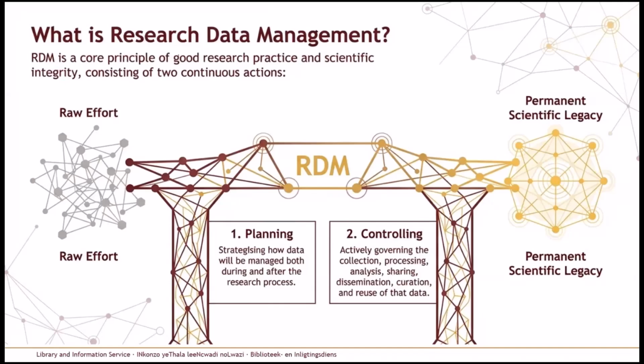So planning meaning strategizing how data will be managed both during and after the research process, and controlling meaning actively governing the collection, processing, analysis, sharing, dissemination, and curation and reuse of the data. So there's effort. It takes raw effort to get this done, but it will ultimately contribute to the longevity of your scientific legacy.